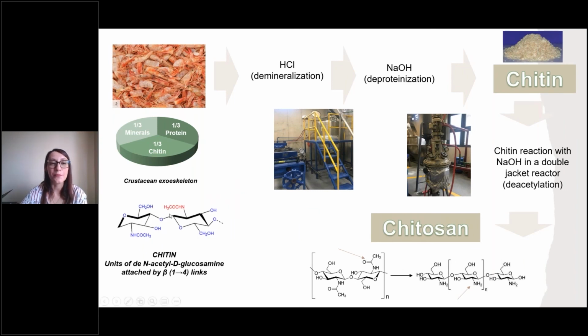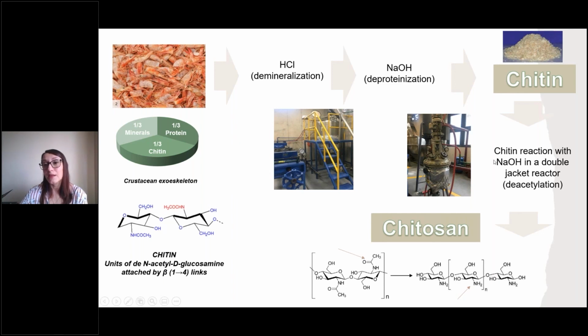Chitin is a polysaccharide really similar to cellulose, and it has 1/3 of minerals, 1/3 of protein, and 1/3 of chitin. This chitin can be extracted by eliminating the minerals by acid treatment, and then protein by alkaline treatment. We get this material, this is chitin, and we have a pilot plant where we do this process.